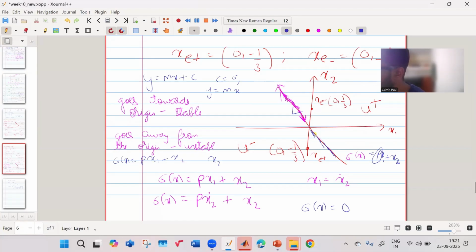So your x2 is equal to minus p x1, right? So your slope m is equal to minus p. It's the negative of the slope. Correct.